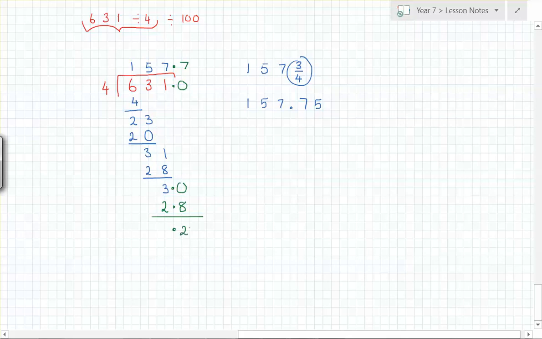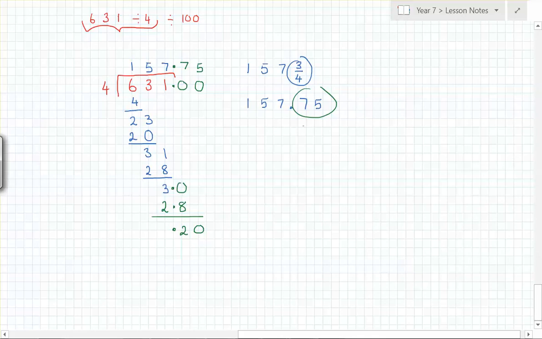Then I add another 0 and bring it down. And I do 4 into 20 is 5. Look. So I've got my answer, 157.75.